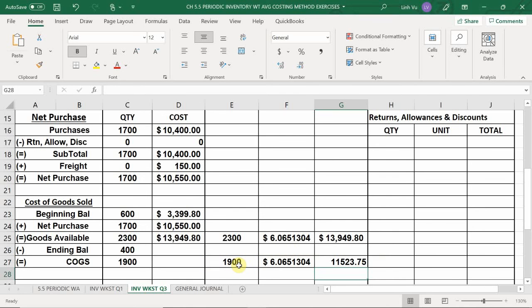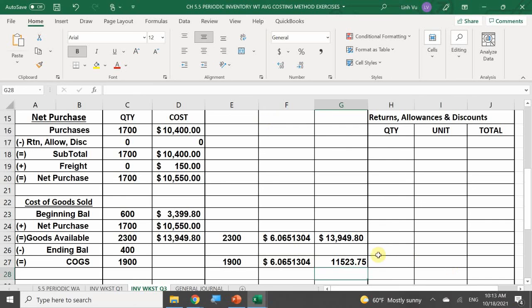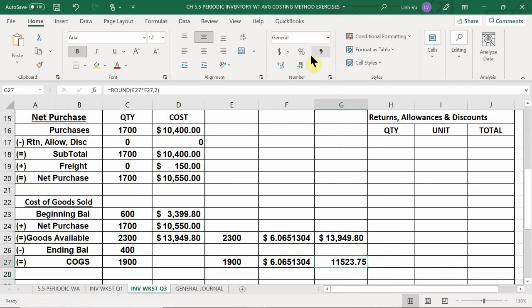Enter, and I get a grand total of $11,523.75. Okay, as my total cost of goods sold.